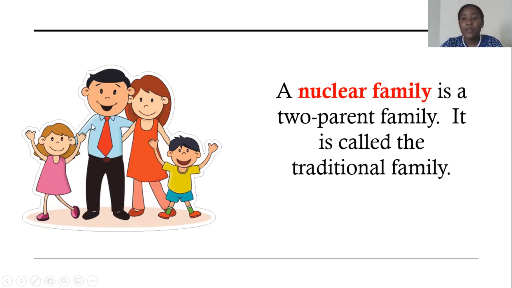It has two parents, a mom and a dad, and it has children. It doesn't matter the amount of children the family has. The important part of the family is how many parents are in the family. Because it's a two-parent family, it is called a nuclear family.